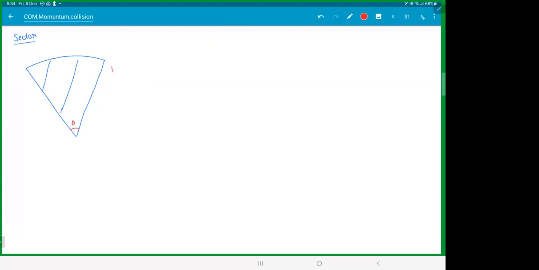This is angle theta, and the radius is r. Find the center of mass.